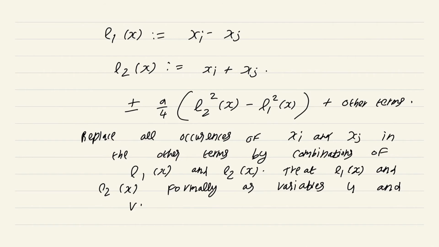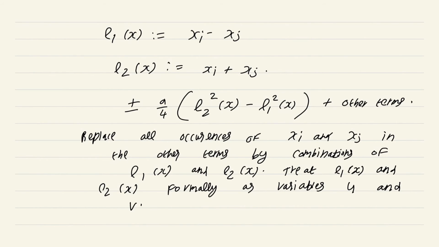This part might sound a bit fishy. You might think that this is not rigorous. All I'm doing is I have these linear functionals L1 and L2, and I'm just calling them u and v formally. If you observe the proof in the previous part was completely formal, there was nothing about the meaning of the terms. It was just straightforward algebraic manipulation. Now we replace L1 and L2 by u and v.